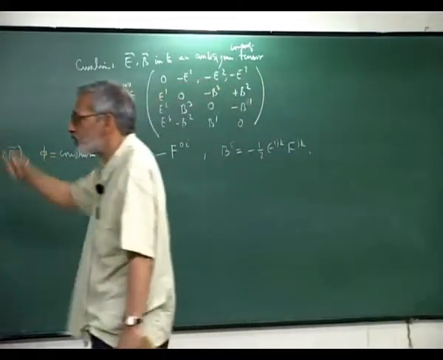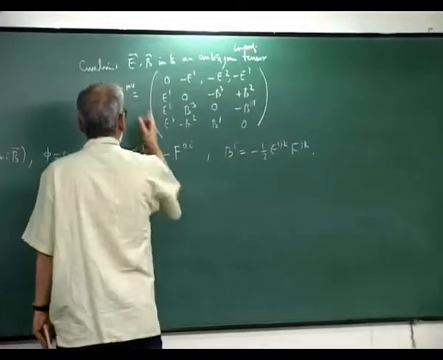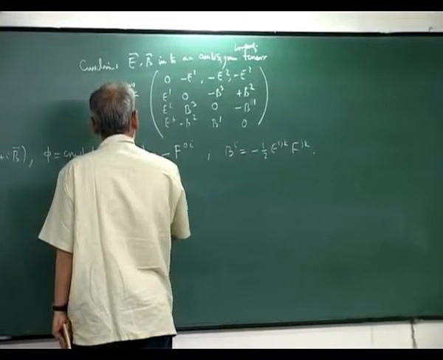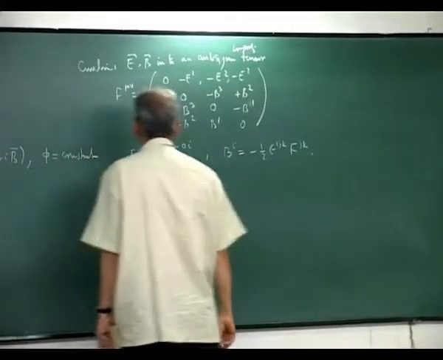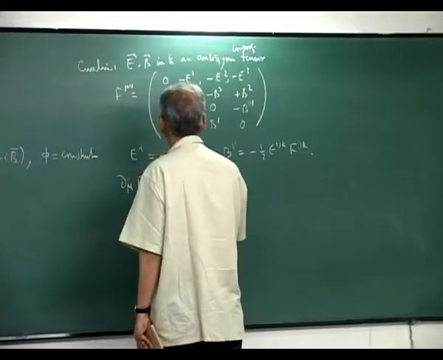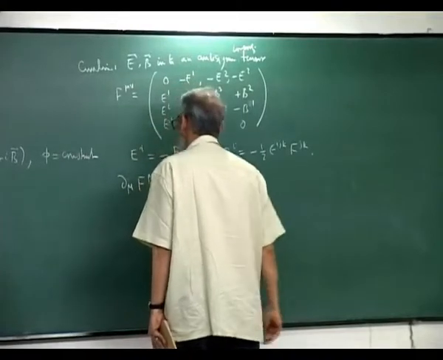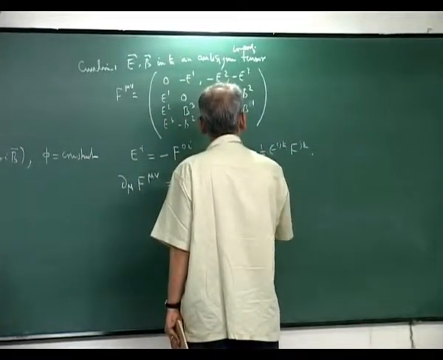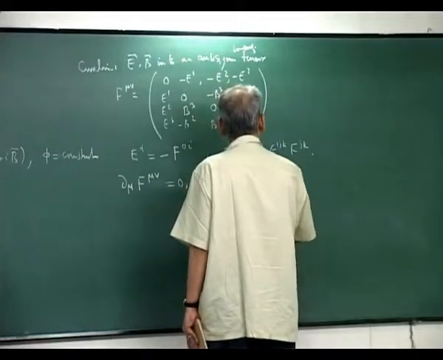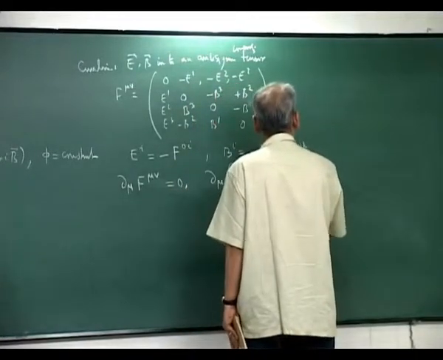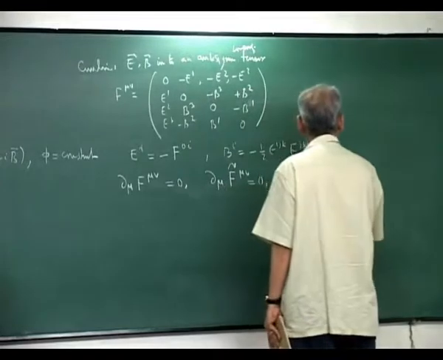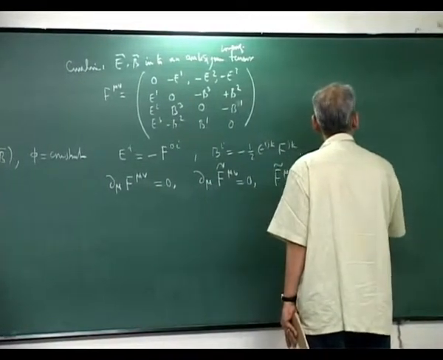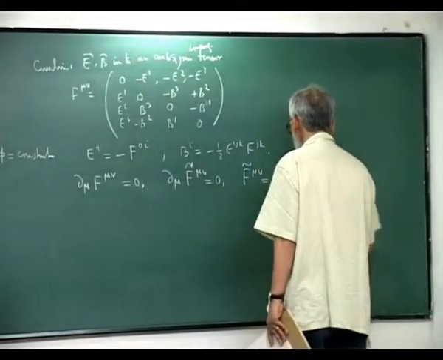And the same pure Maxwell's equations written in terms of these tensors is: derivative d mu of F mu nu is 0, and d mu of F mu nu dual is 0, where F mu nu dual is half epsilon mu nu alpha beta F alpha beta.